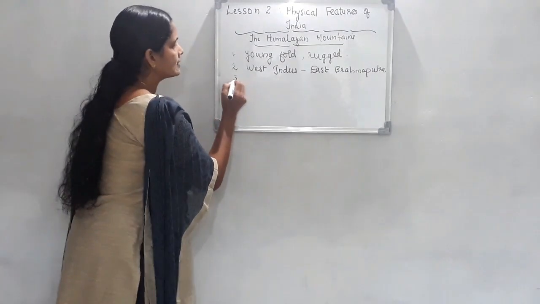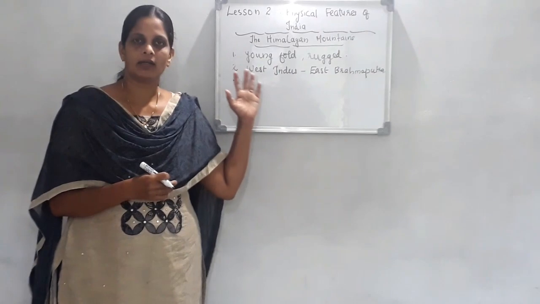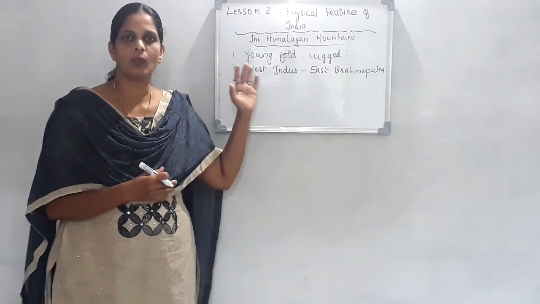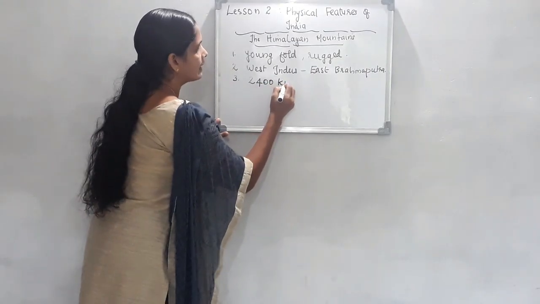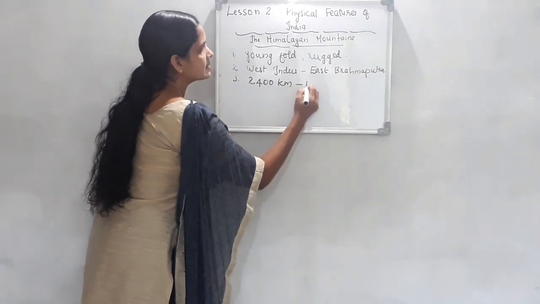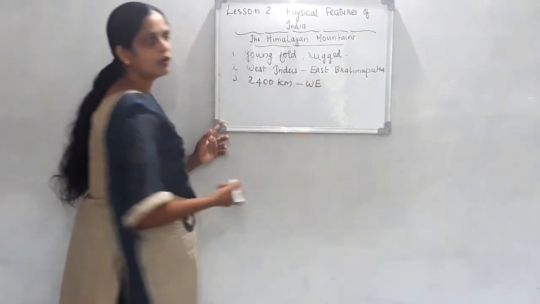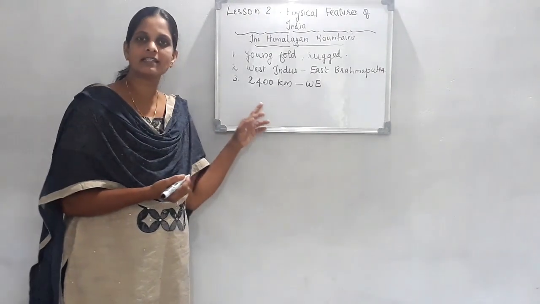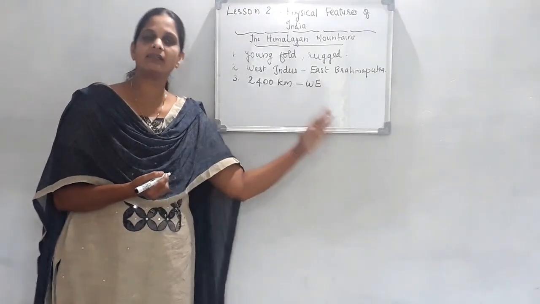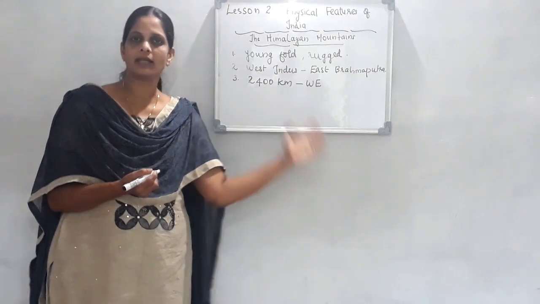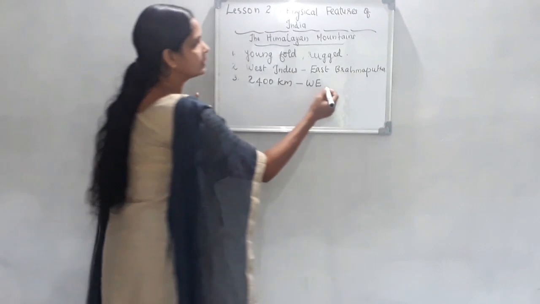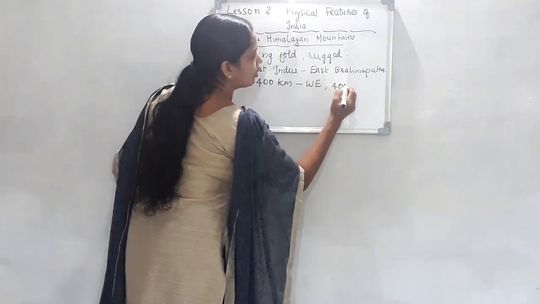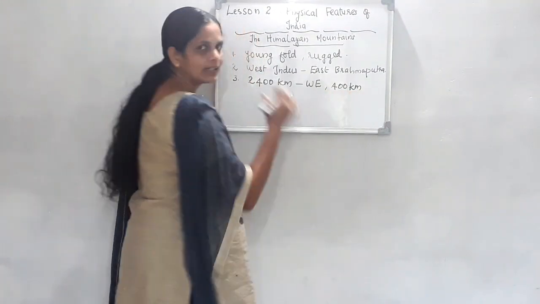And the third point, which is very important: the length of Himalaya from West Indus to East Brahmaputra is about 2400 kilometers. From west to east, it is about 2400 kilometers in length. But the width varies. In Jammu Kashmir in the west, the width is about 400 kilometers.